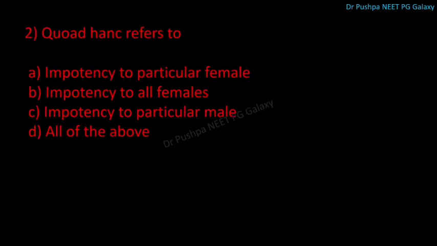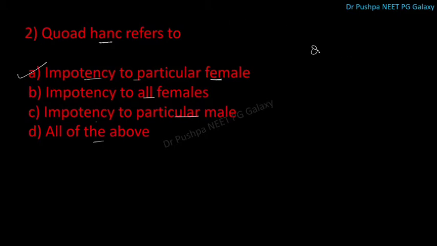The next question: quad hanc refers to impotency to a particular female, impotency to all females, impotency to a particular male, or all of the above? The correct answer is impotency to a particular female. This hanc refers to female.